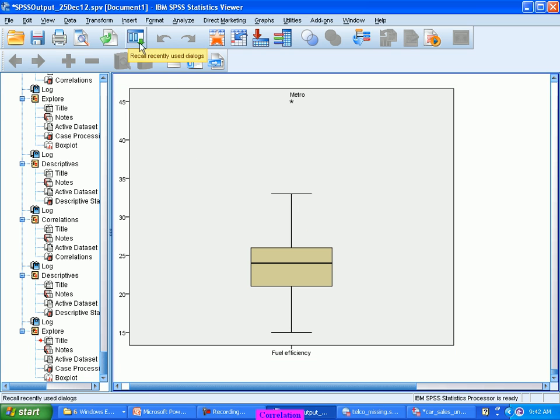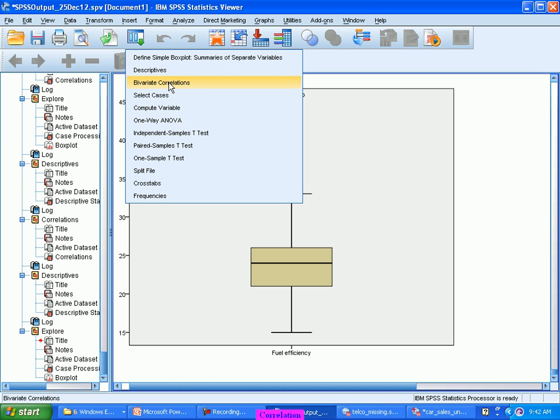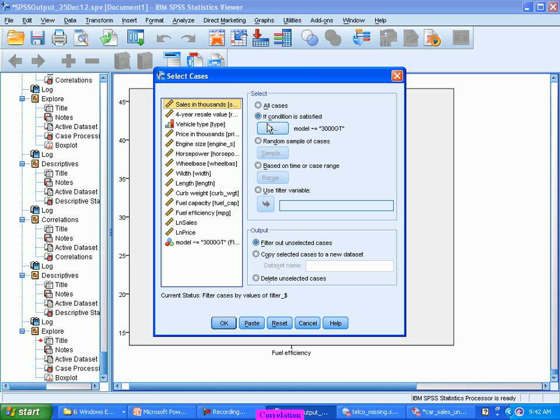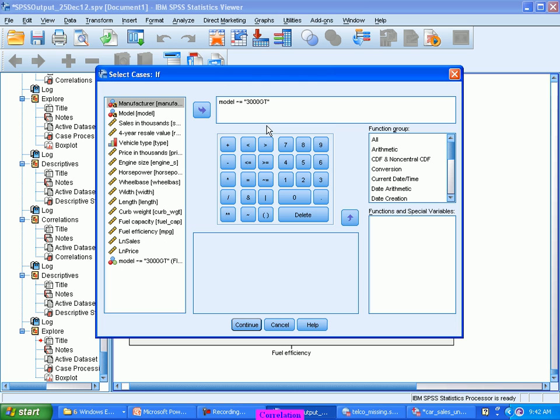So now what I'll do is I'll eliminate. So as a part of our select cases, I'll write one more rule. If model name is not equal to 3000 GT, how do I write this? And means it takes both, right? Let's try.